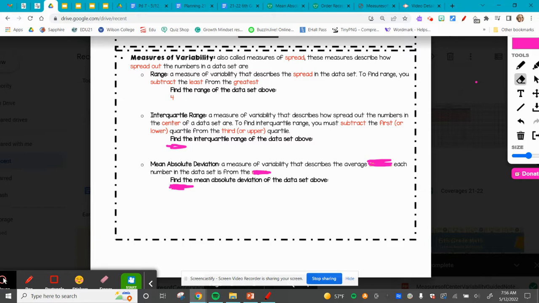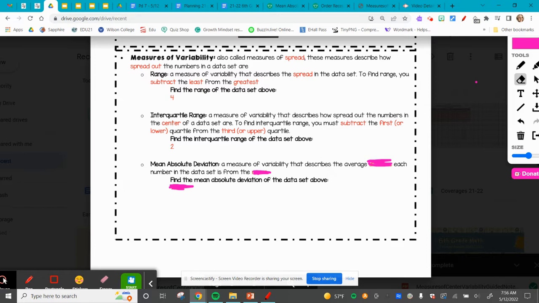So Q3 minus Q1 gives us the IQR of the data. So you have to pause this video. You have to find Q3 and Q1 and then subtract and then come back and check your answer. The interquartile range is 2. So that middle 50% of our data is only spread out by 2 hours.